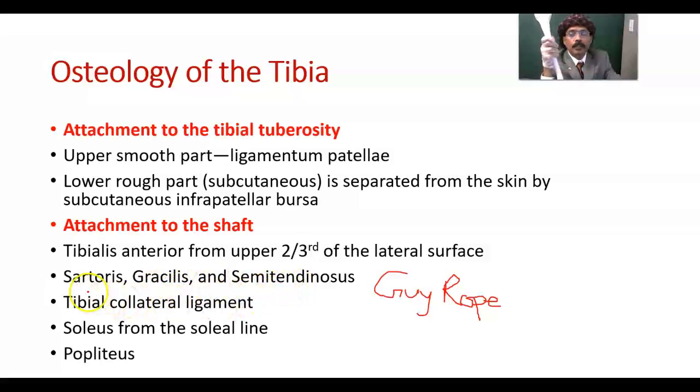On the shaft, behind those three muscles, we get the attachment of the tibial collateral ligament. These three muscles are separated from it by a bursa called the anserine bursa. You can draw that also. You have to remember that.